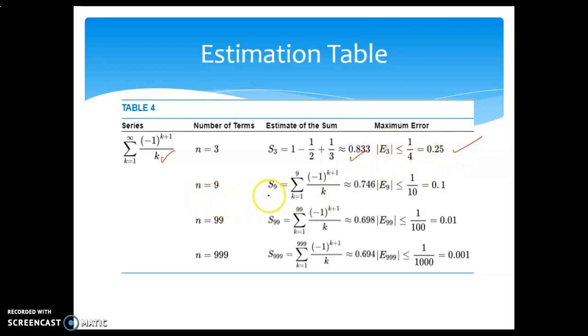If I approximate the summation using 9 terms, that error is 0.1. If I approximate the summation of the overall series using 99 terms, the error is 0.01. And if I consider 999, the error would be 0.01. So the more terms I consider, the less the error.